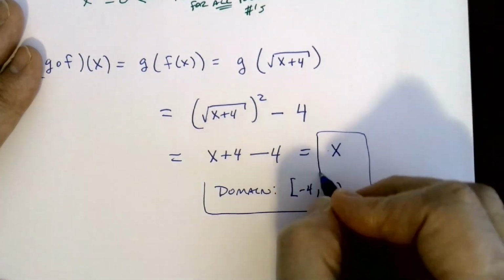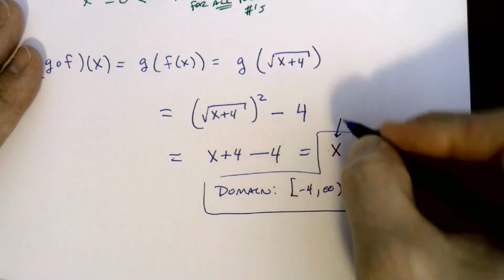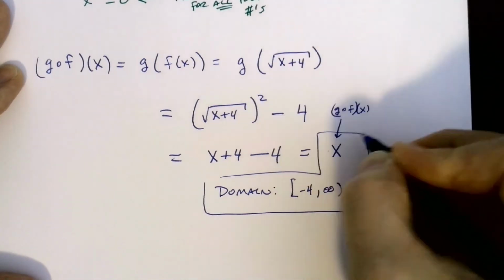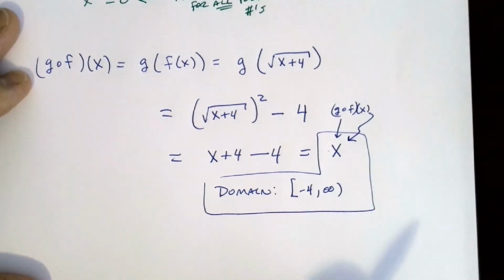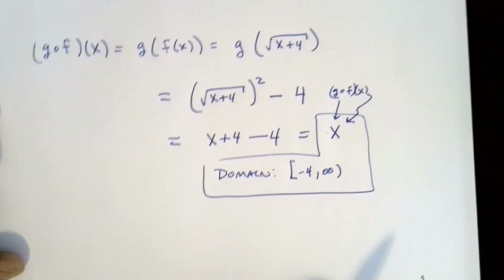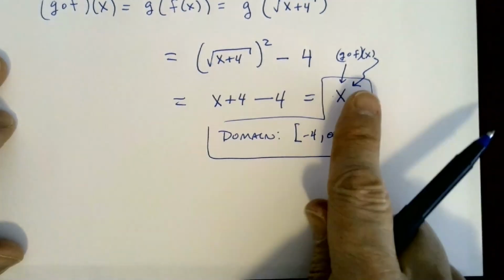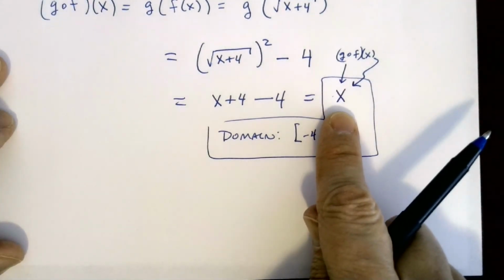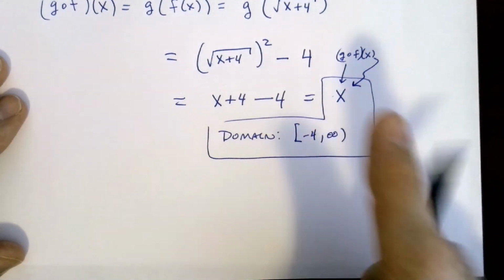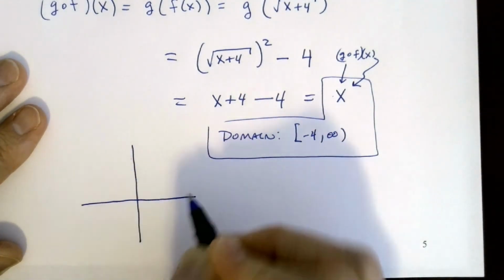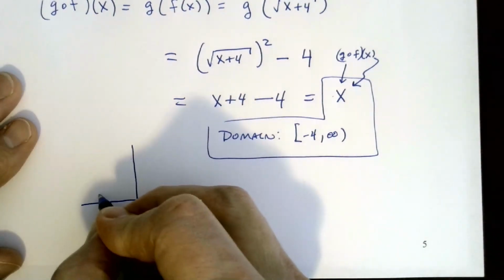So what's the graph of this function look like? So this is the function g circle f of x is equal to x. What's the graph of this function look like? Well, we know the function y equals x is a line of slope 1 passing through the origin. So what would this graph look like? Well, here's -4.